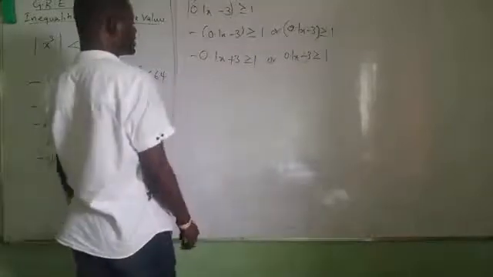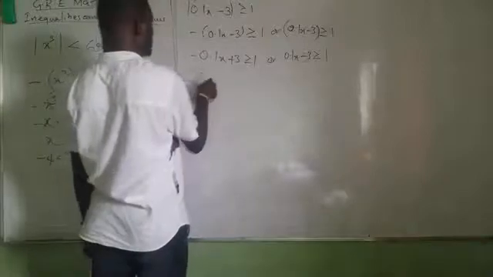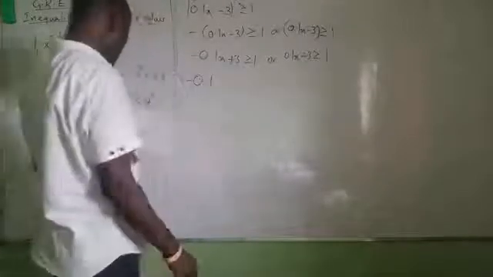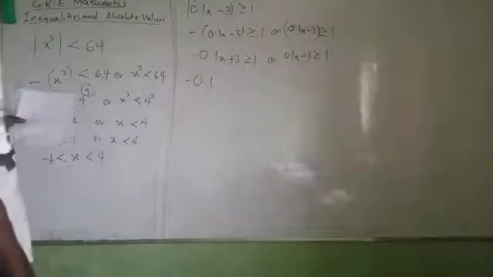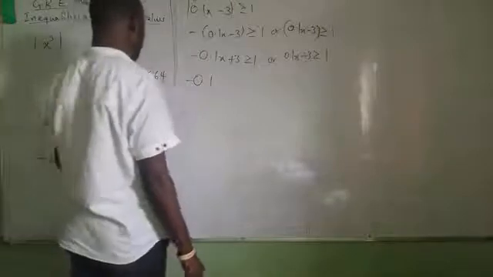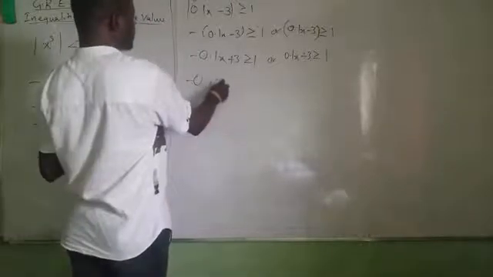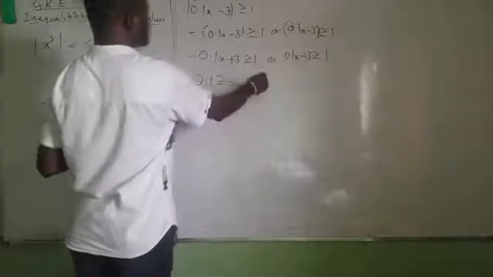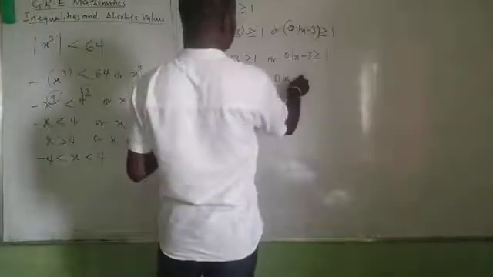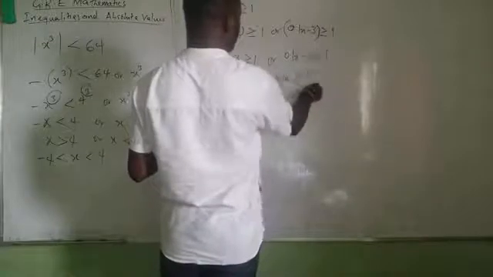Now, with this, I will have minus 0.1x greater than or equal to minus 2, or 0.1x greater than or equal to 4.